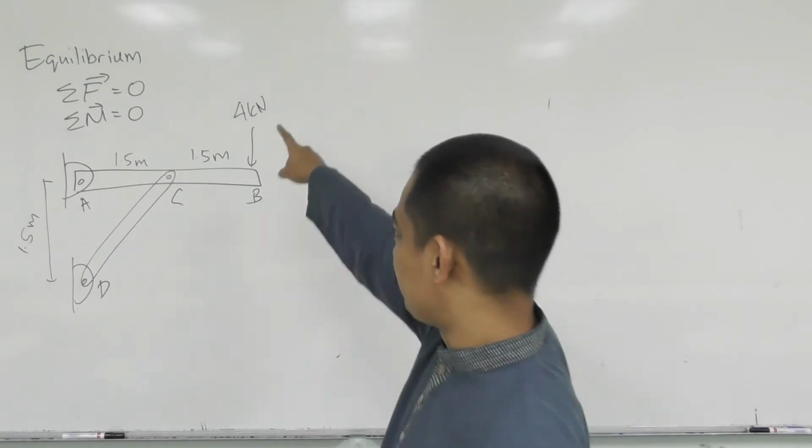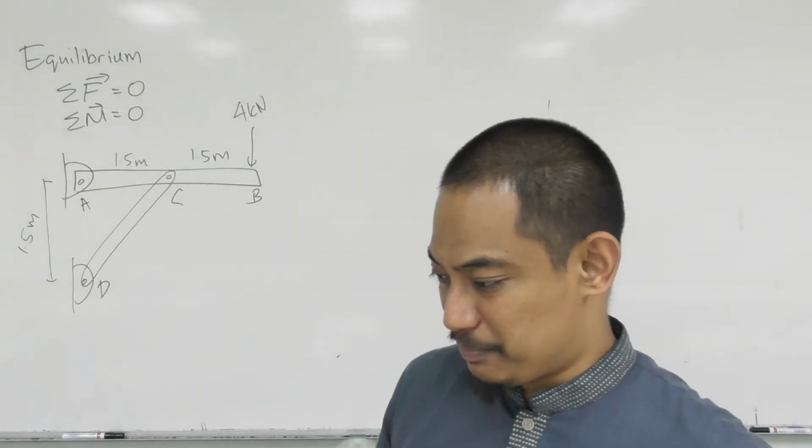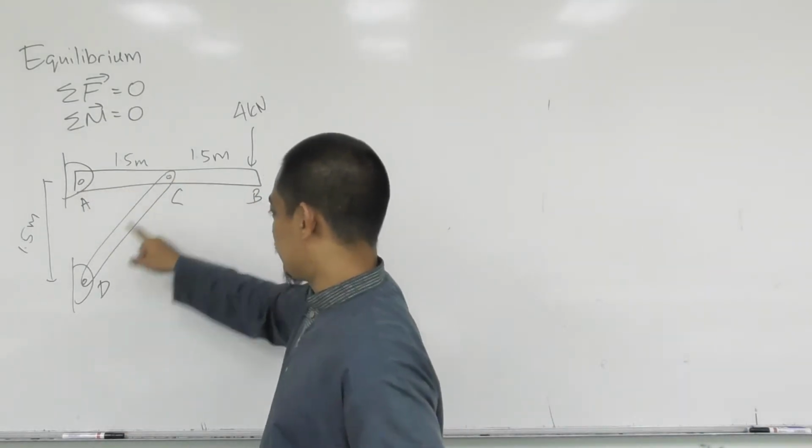It says that given 4 kilonewton is acting at B, the beam is supported by pins at A and C. So here is a pin, pin and pin.